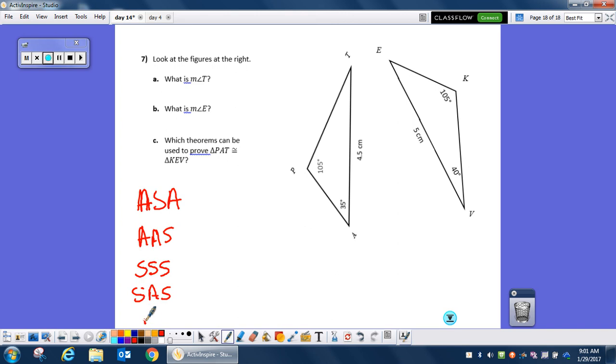Alright, the first one we can definitely eliminate is hypotenuse leg, because in order to use hypotenuse leg you have to have a right triangle. So we have no right triangle, so that's gone. Then check side, side, side. In order to have side, side, side, you have to have all 3 sides. We don't have all 3 sides, so we can't do that.